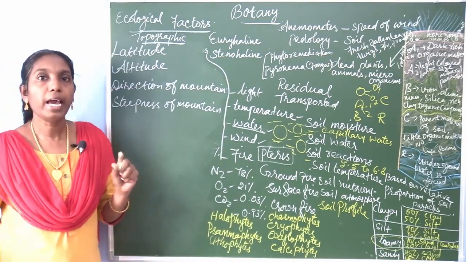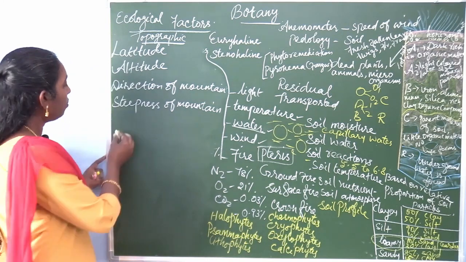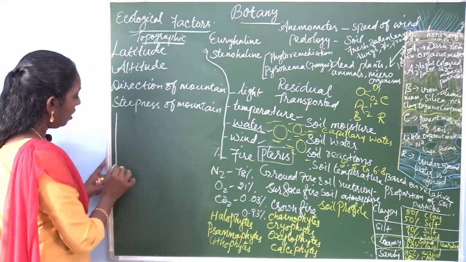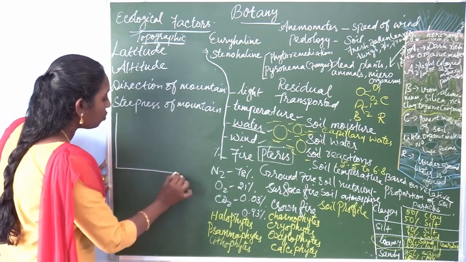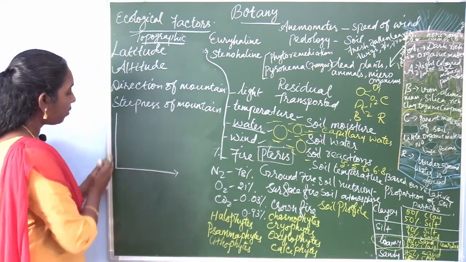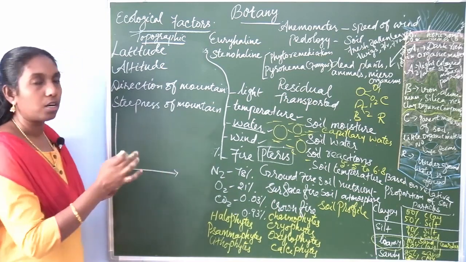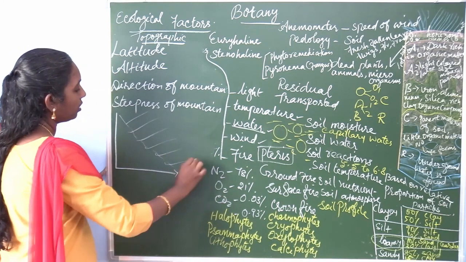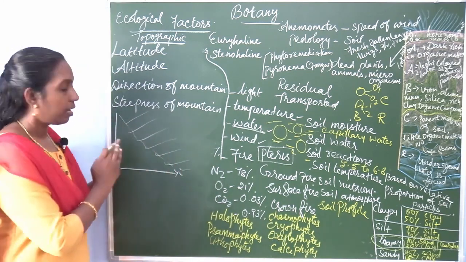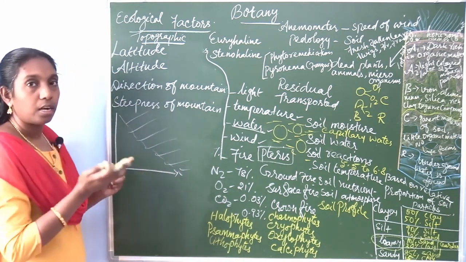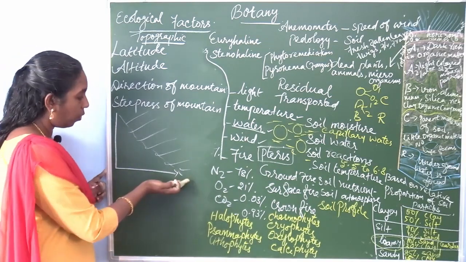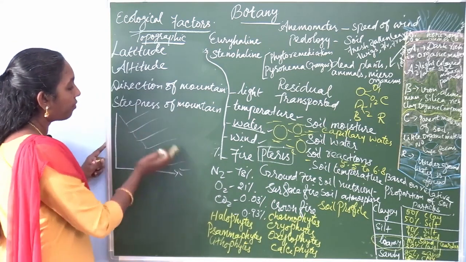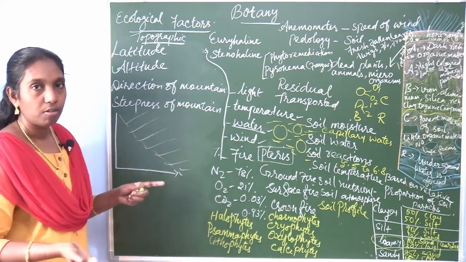What is meant by latitude? Latitude is the range from the equator to the polar regions. From the equator to the polar region, there are different forms of vegetation, because from the equator towards the pole, the temperature and humidity vary. Depending upon these climatic factors, the vegetation may vary.